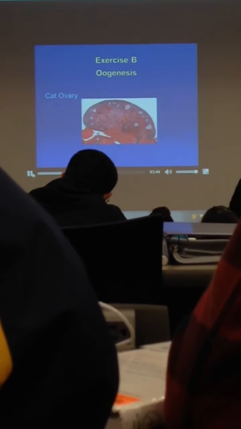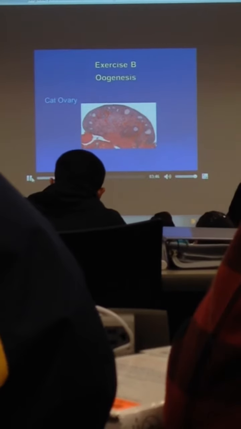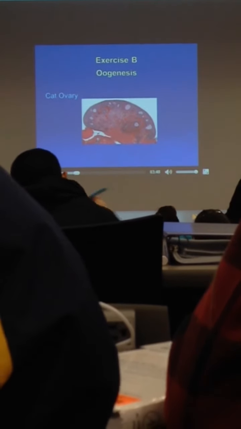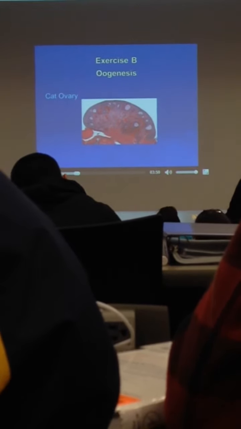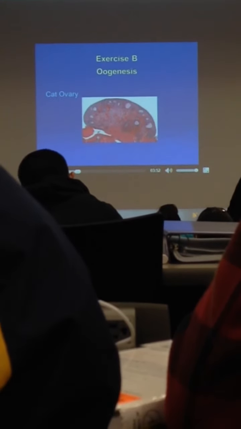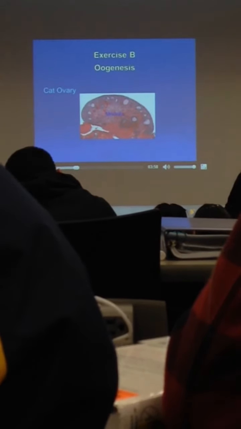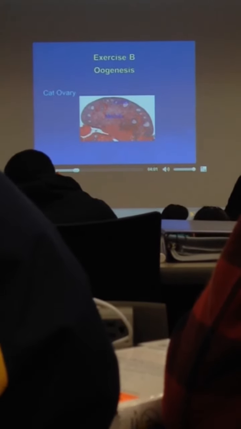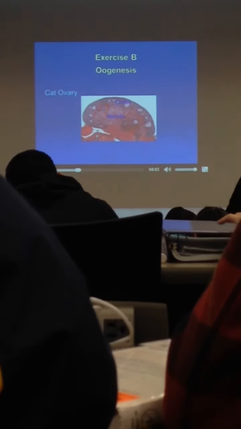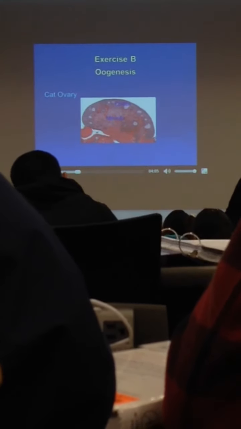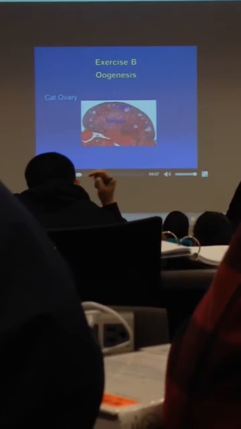Let's turn our attention to oogenesis, egg production in the female. The ovary of a mature cat is subdivided into 2 regions. The central region, or medulla of the ovary, contains numerous blood vessels, while the outer region, or cortex, houses a large number of sac-like follicles in various stages of development.